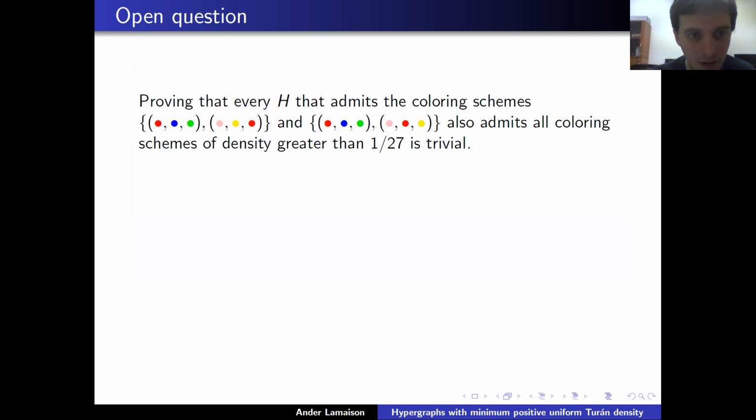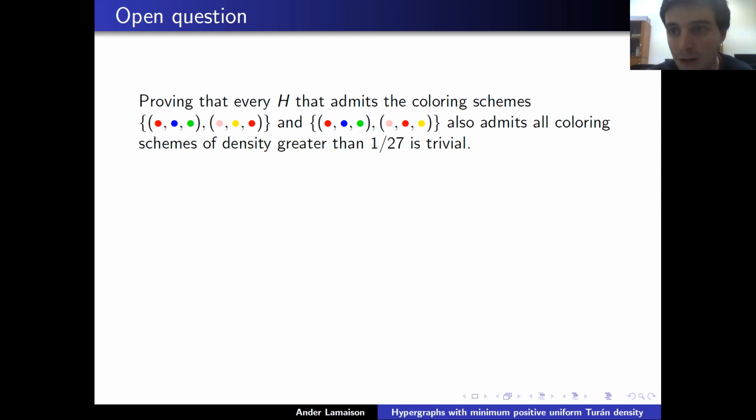As I mentioned, we found these hypergraphs with density 1/27 by finding some characterization in coloring schemes. And from this characterization, it follows very easily, it is almost trivial to say that the densest coloring scheme that does not contain H will have density equal to 1/27.